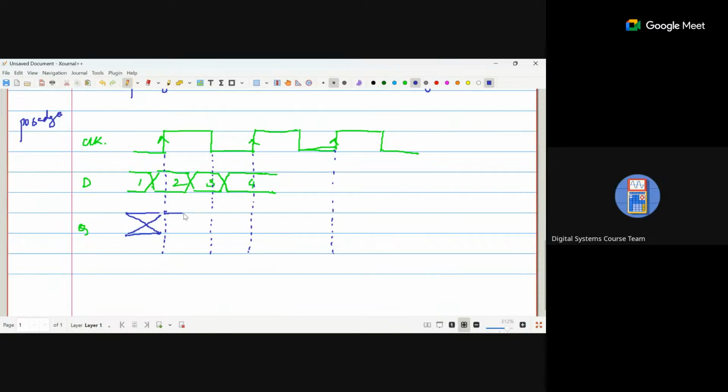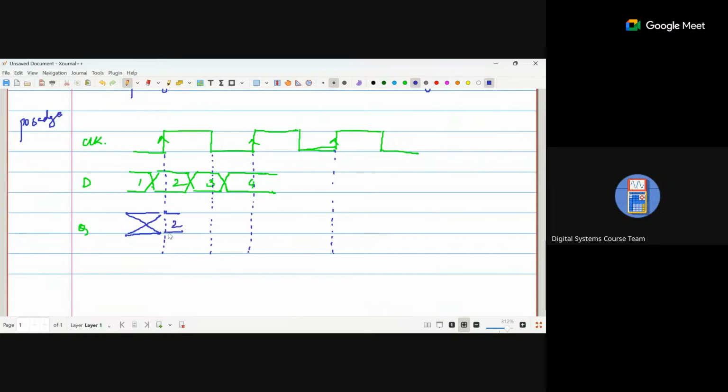For right now, let's forget about all the delay that's there. We'll just focus on D giving Q. So at this edge, it is basically state 2. So it will start with state 2.